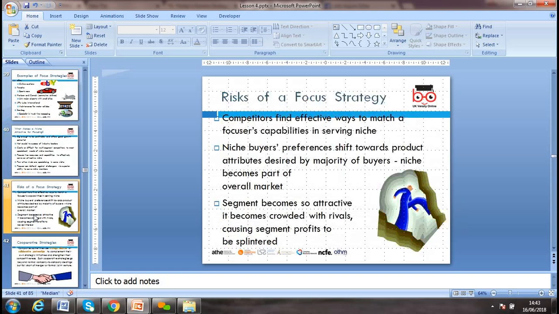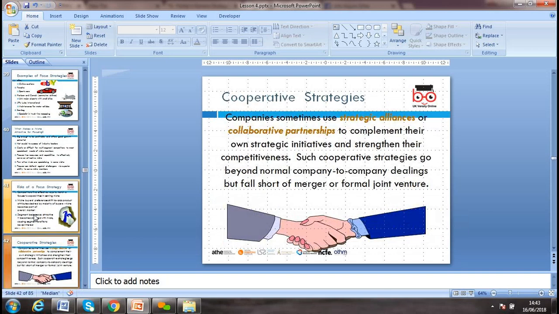For focus strategies, competitors can find an effective way to match the focus capabilities. They can exceed it, and the customer can shift. So cooperative strategies use strategic alliances.